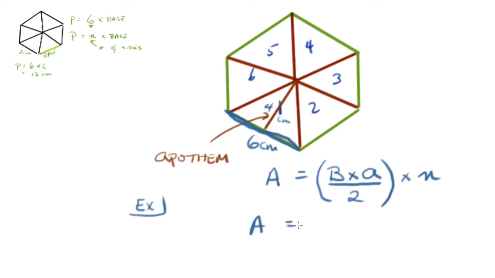The area of this regular hexagon would be base, 6, times apothem, 4, divided by 2, because it's a triangle, times the number of sides, because we have 6 sides, that means we have 6 triangles. So times 6, and that's going to give us 6 times 4 is 24. 24 divided by 2 is 12. 12 times 6 is 72, and our units are centimeters squared. And that's the area of regular polygons.